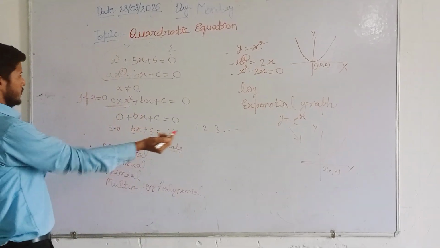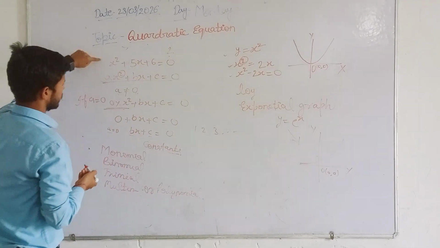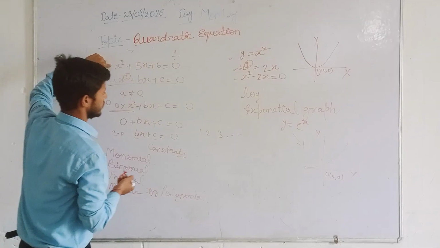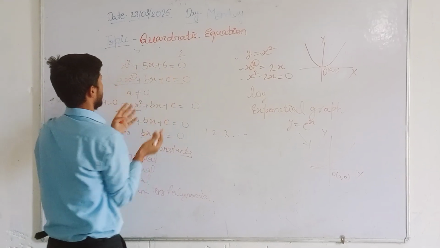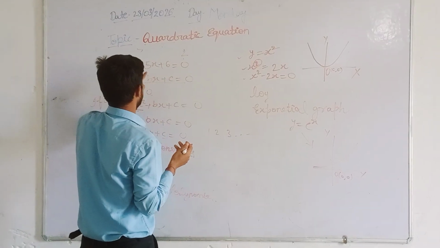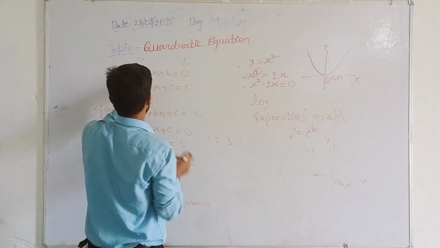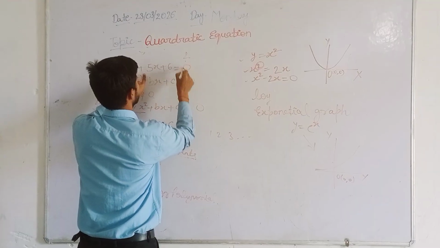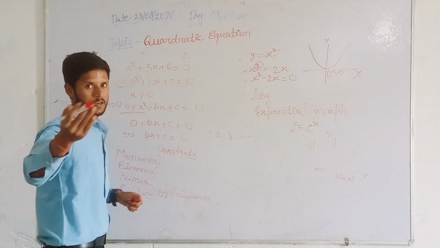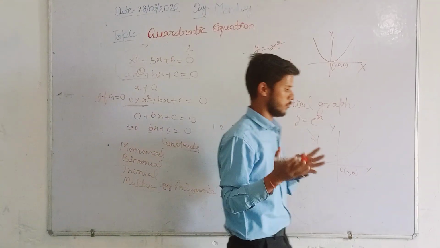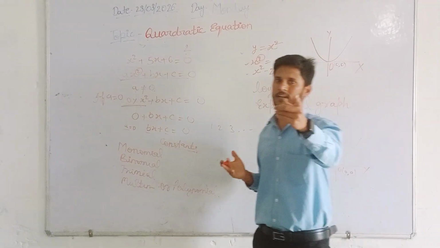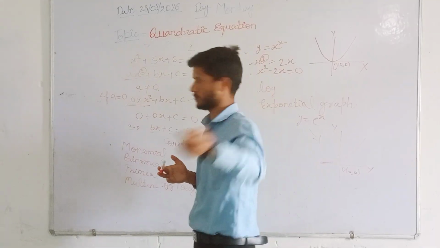Now I want to solve that expression. We want to find the roots of this equation. What are the values of x which make the expression 0? In our another example, we will talk about magic questions that will come after 2 minutes.